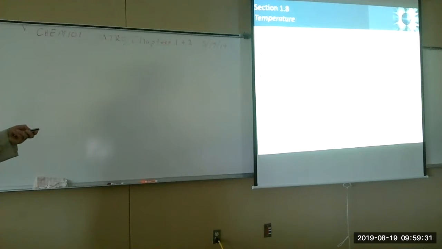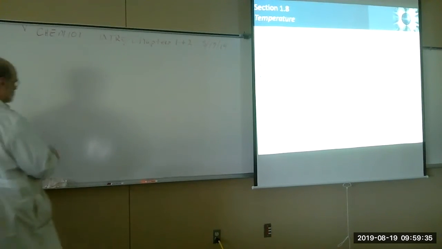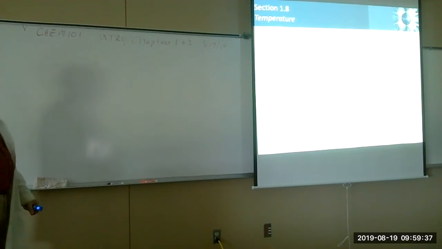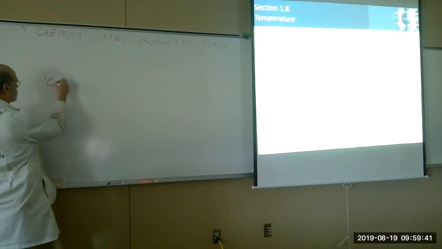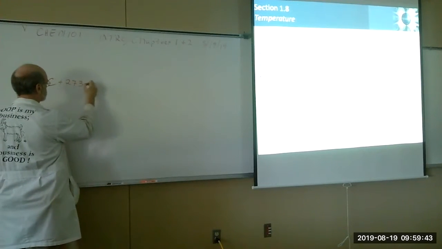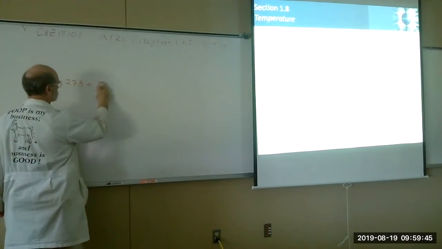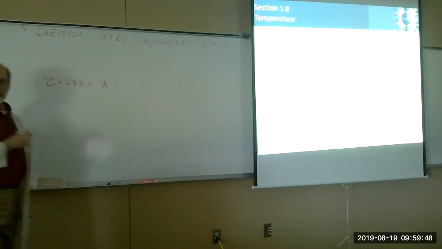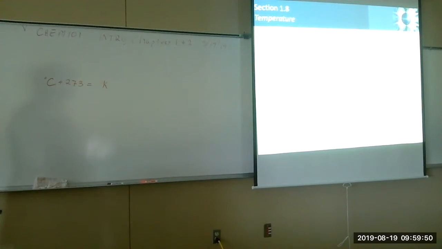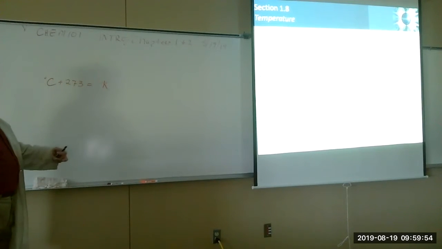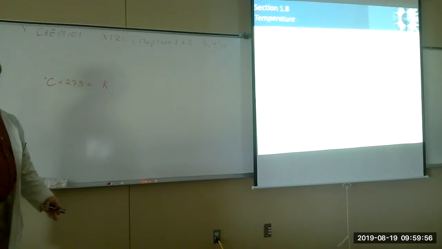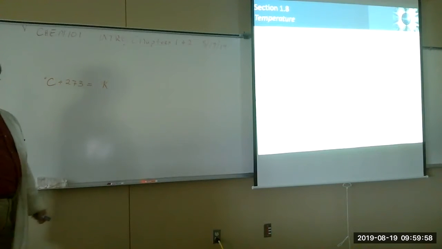So if you measure in Celsius, it's easy to convert Celsius to Kelvin. You just say degrees Celsius plus 273 equals Kelvin. We don't use a degree mark for Kelvin, it's just K. But if you want to convert Fahrenheit to Kelvin, first you have to convert to Celsius. Then you convert to Kelvin.